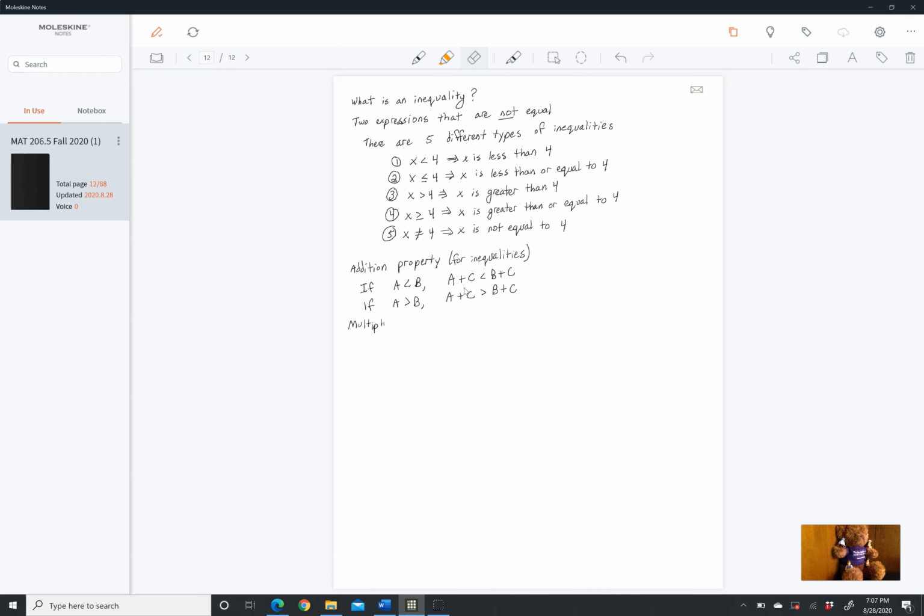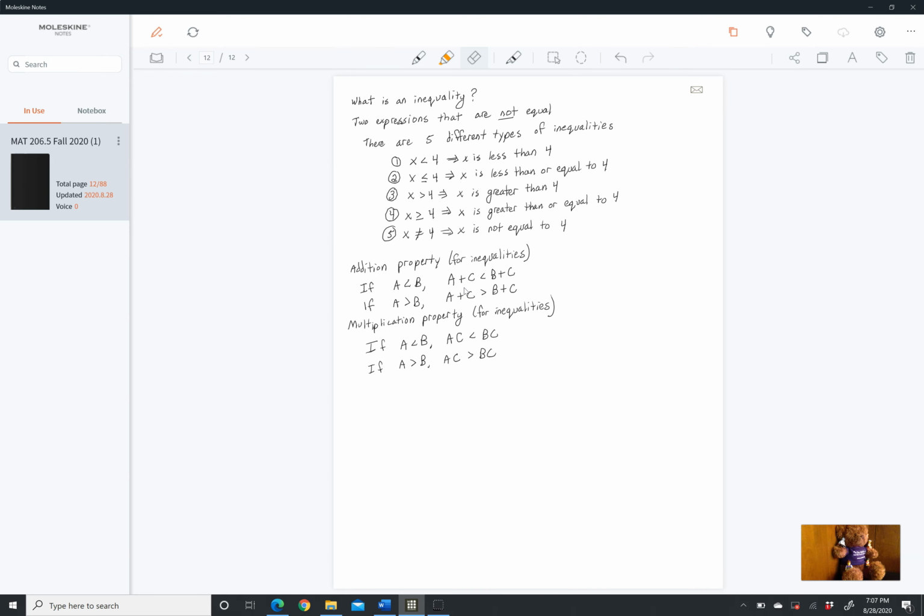And the same thing for the multiplication property, also for inequalities, this is true for equalities. So if A is less than B, then A times C is less than B times C. And then the same thing for greater than: A times C is greater than B times C. There's one exception, right?